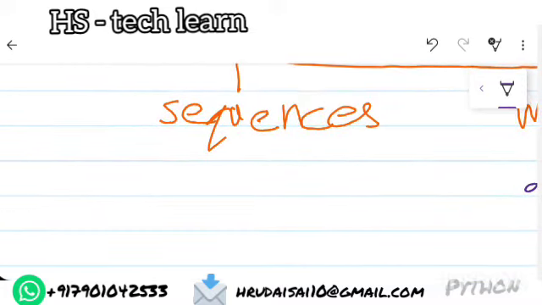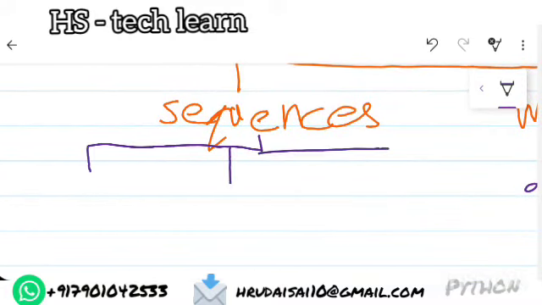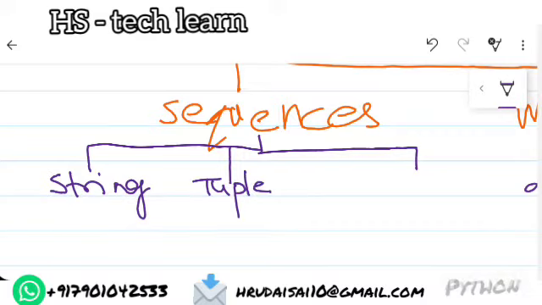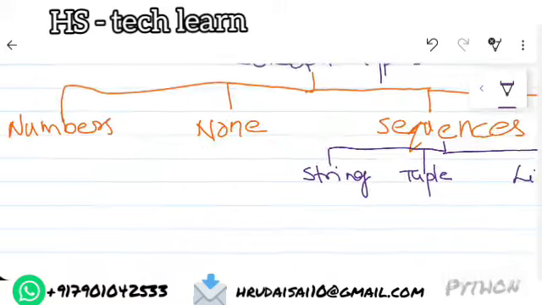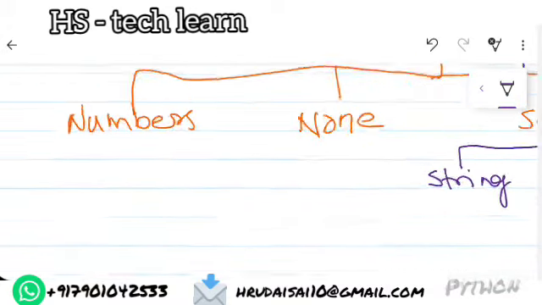Again, sequences are divided into three. First one, string, tuple, and list. And we have further classifications in numbers also.